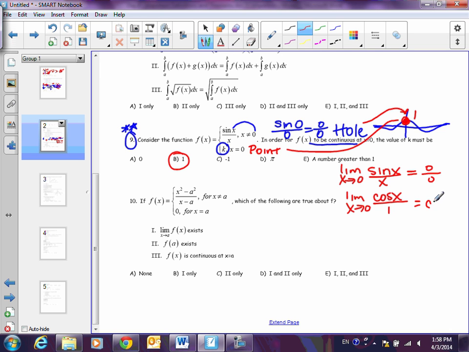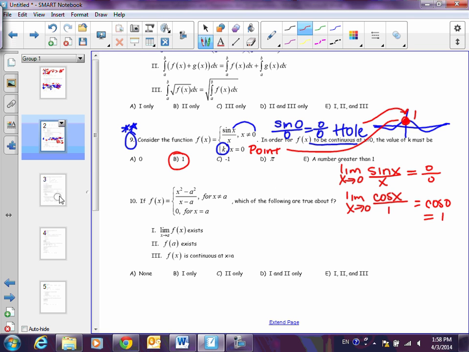Cosine of 0, that's 1. So you actually know enough to do this without. And the better you are without the calculator, I think the better you are with, because it's just a tool and not something else.